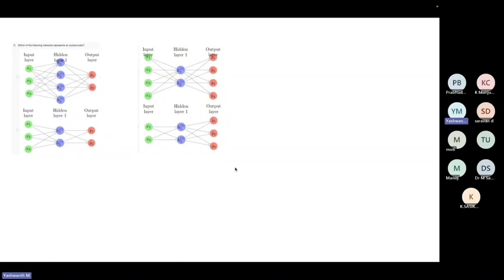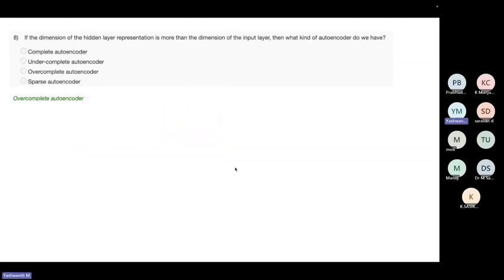Any other questions? 7 and 8, right? Eight is very simple, because if you have a hidden representation larger than your input, that is called overcomplete. And if it is lower dimensional than your input, it's undercomplete. And if you have very few of them present, that's sparse.